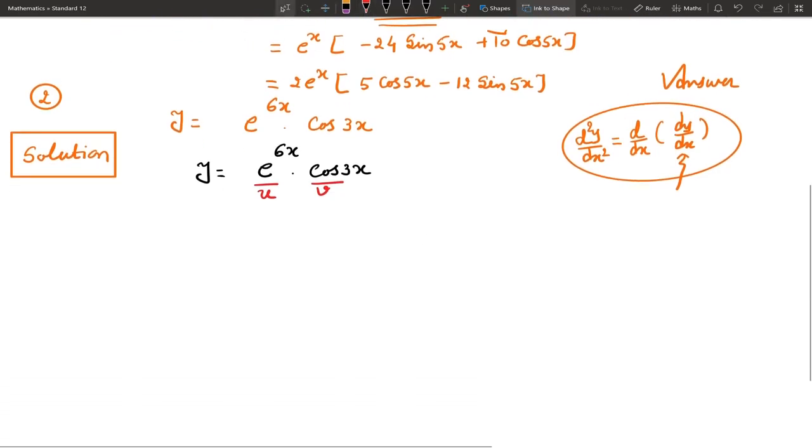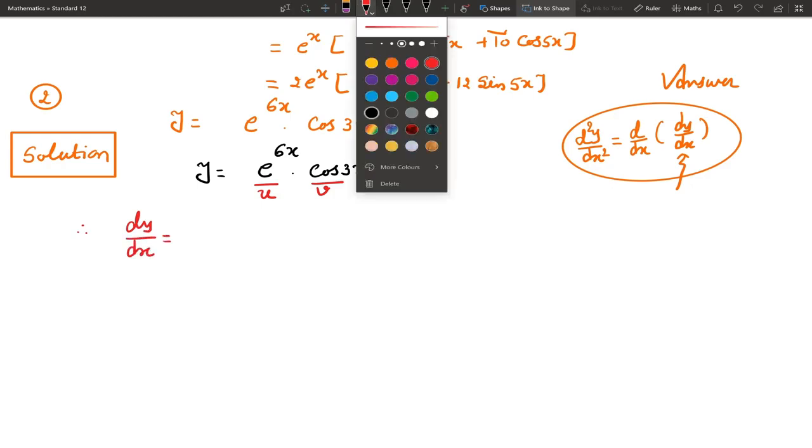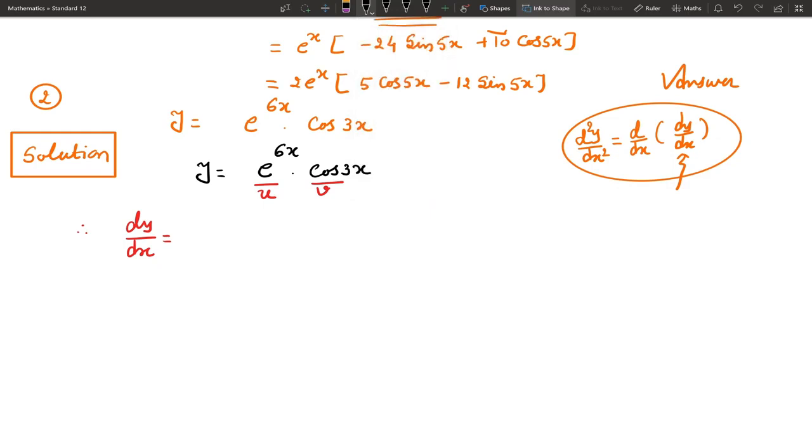So u into derivative of v plus v into derivative of u. So dy by dx equal to, but when we differentiate the right hand side, check the use of chain rule.